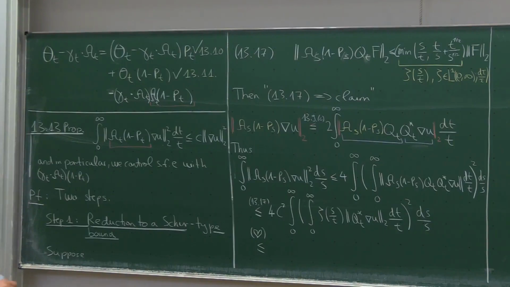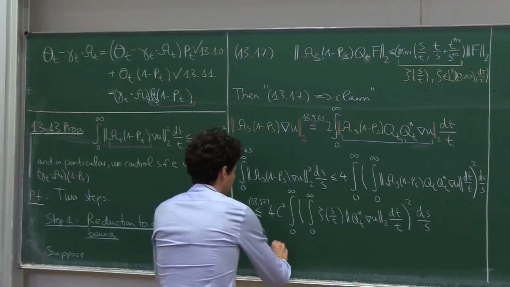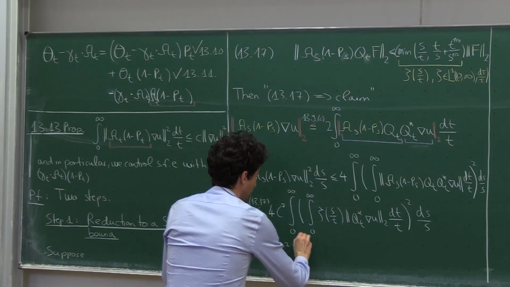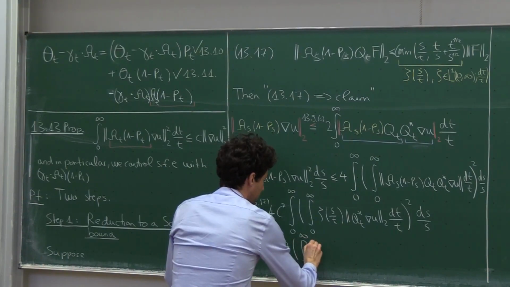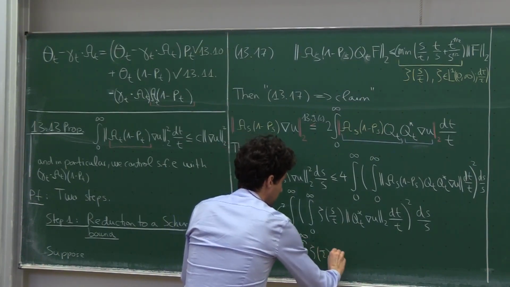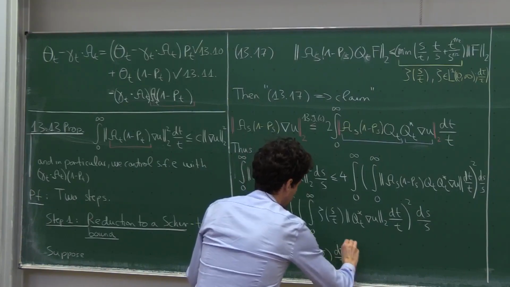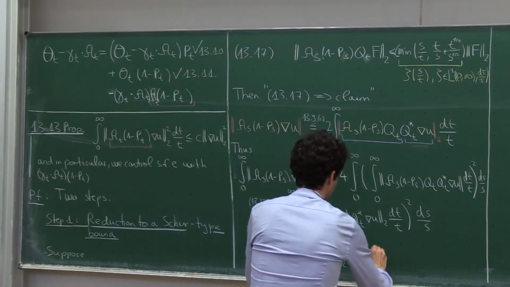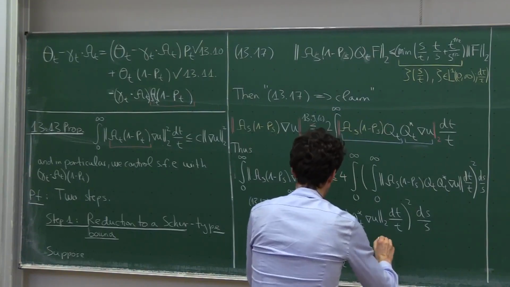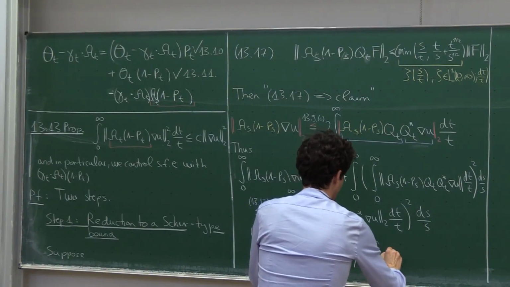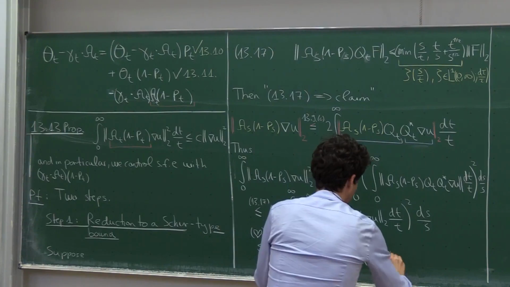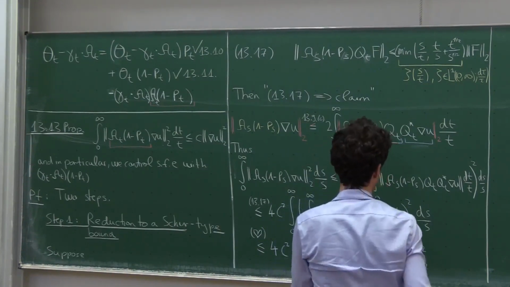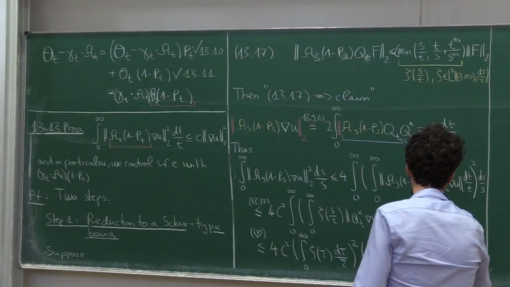Either way, what you're going to see is that this is bounded by the L1 norm in Haar measure of this theta function squared, and then the L2 norm of the other function squared. So this is the integral from 0 to infinity of Q_t star grad of u squared, dt over t.